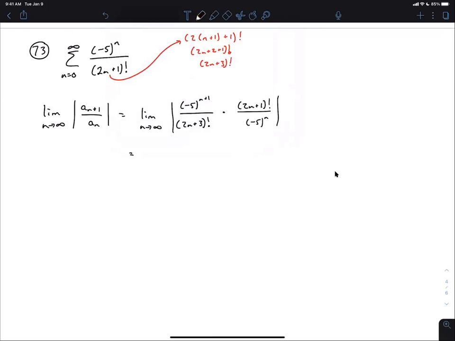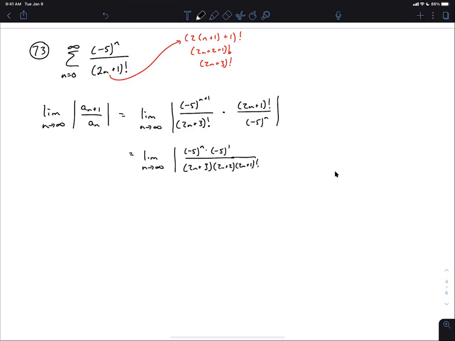So now to simplify this, we break up the bigger exponentials, or the ones with the bigger powers, and a bigger factorial into the smaller ones. So we're going to make this -5 to the n times -5 to the first over 2n plus 3, 2n plus 2, and then 2n plus 1 factorial.